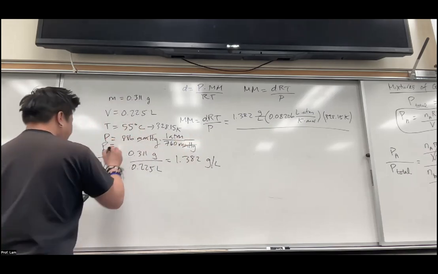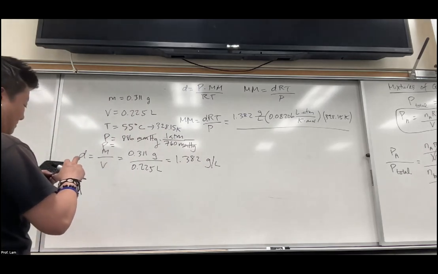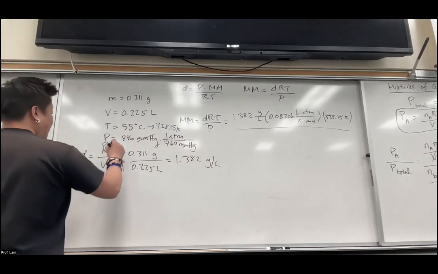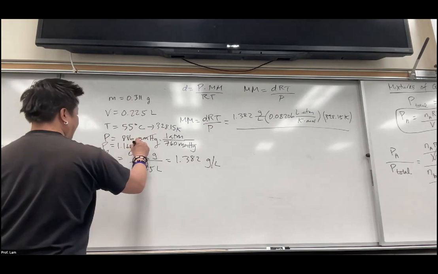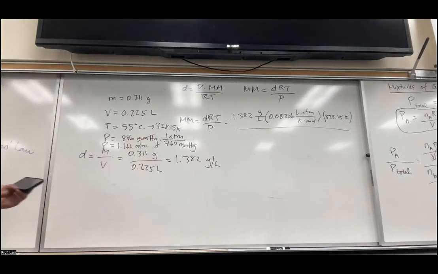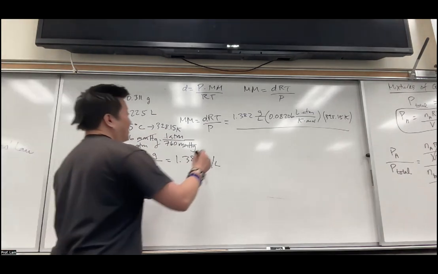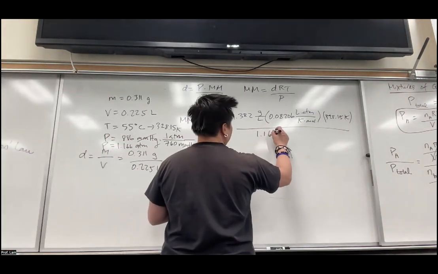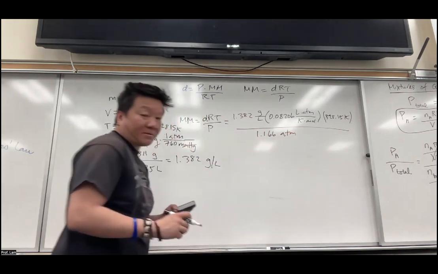So that'll give us 1.166 ATM. Again, keep a lot of sig figs, right? 1.166 ATM. That goes on the bottom here.